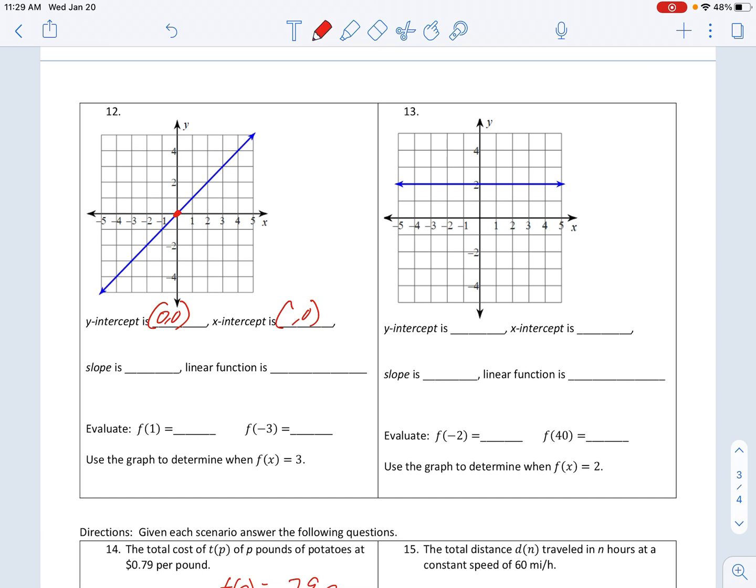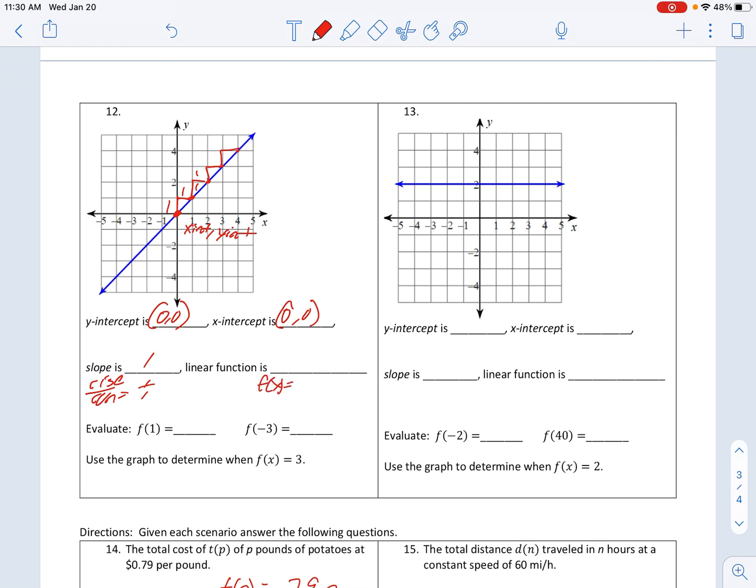This is the one time where the x-intercept and y-intercept will be at the same location, okay? Now the slope, I'm going to take that point and find another nice point, and I have a whole bunch of nice points on there. What I'm looking for is that staircase I keep talking about, up 1 over 1, up 1 over 1, and so on. So my rise over run is 1 over 1.